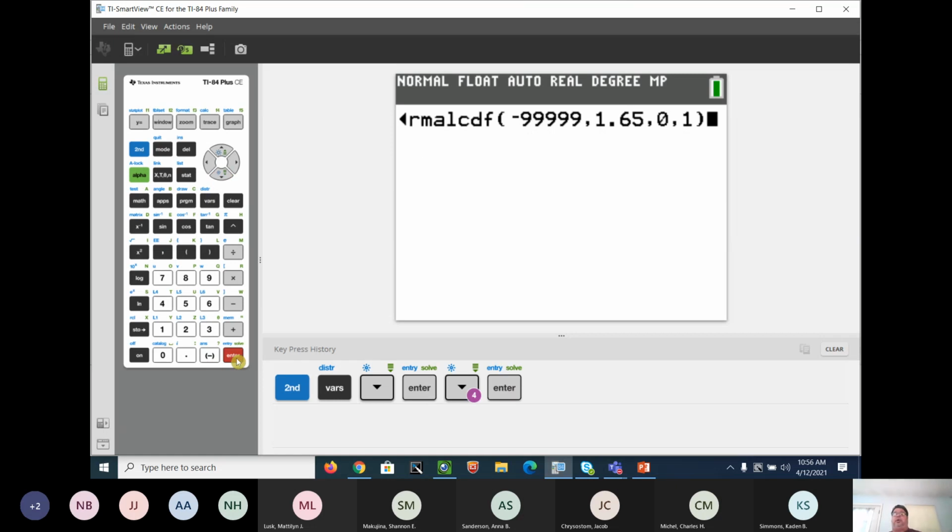Now, if you got an older calculator, that's the way you type it in, negative 9999, comma, 1.65, close parentheses. You don't need to put the 0 and the 1. Just close parentheses and hit enter. 0.9505 is your answer. 0.9505 is your accurate answer.